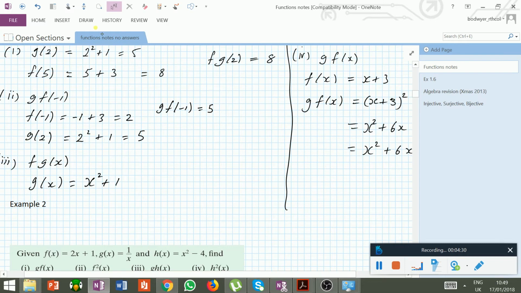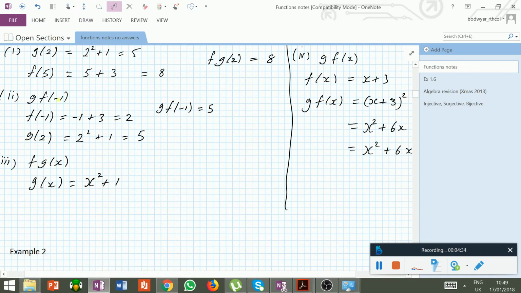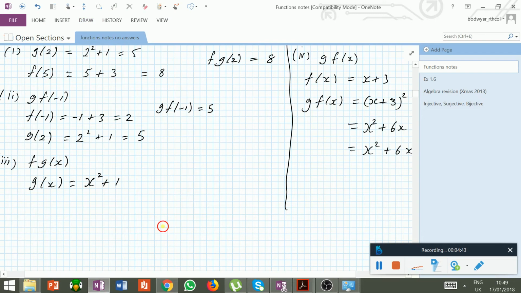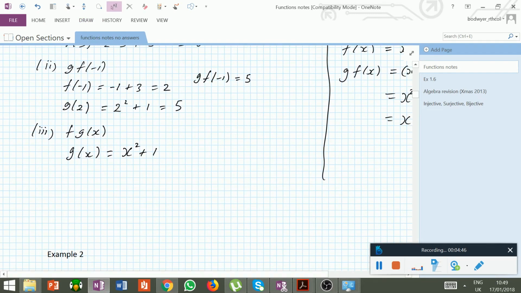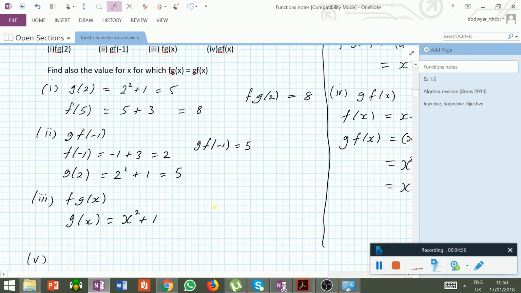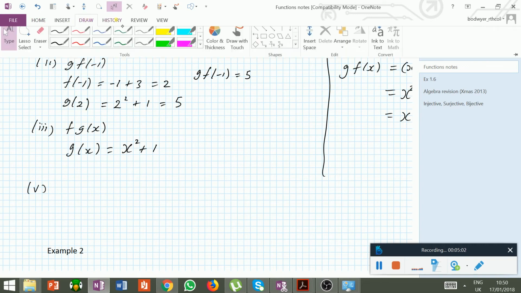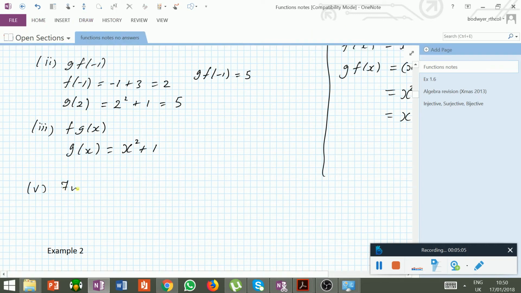I'm going to call this part 5, if you like, and just to remind you, we're asked to find X for which FG of X equals GF of X.